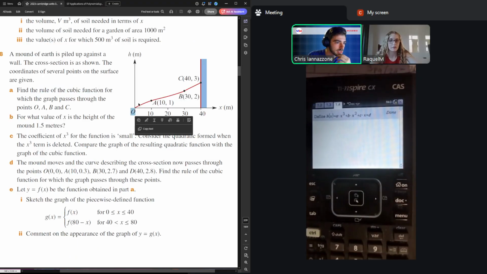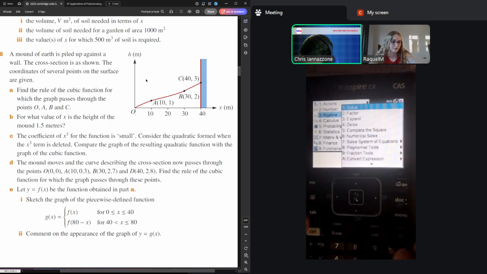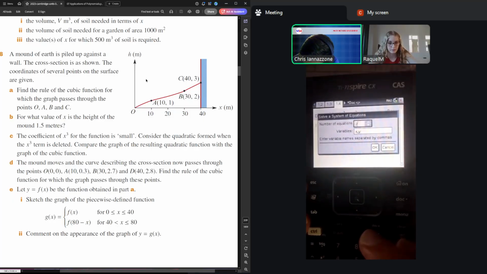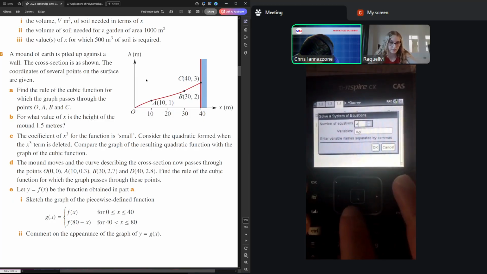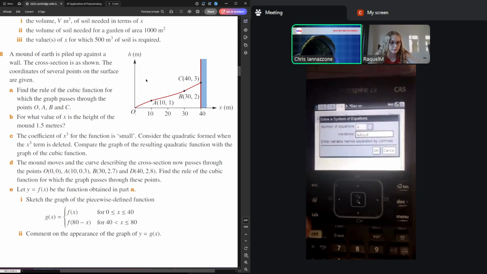In our one, we have the origin, so 0, 0, which means when we go through and do our menu, solve system of equations, so for me it's menu 3, 7, 1, we're going to get 4 equations since we have 4 points.